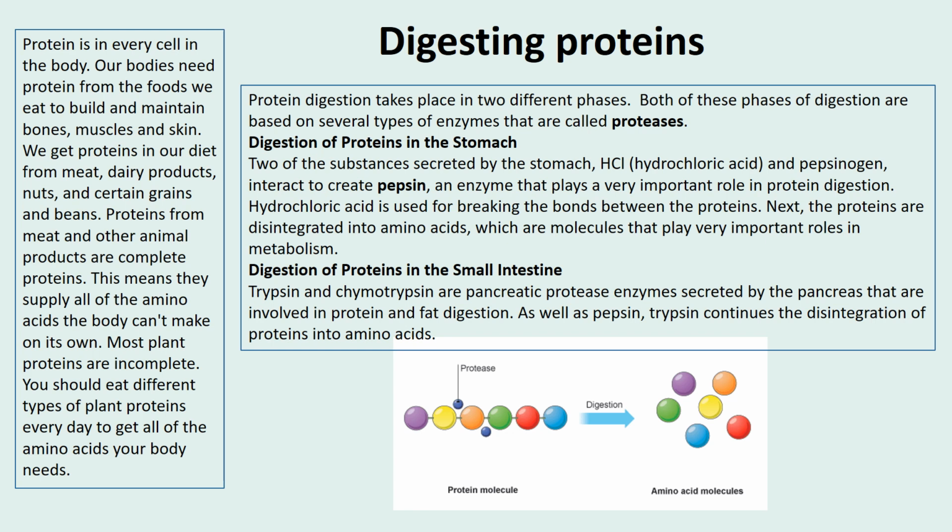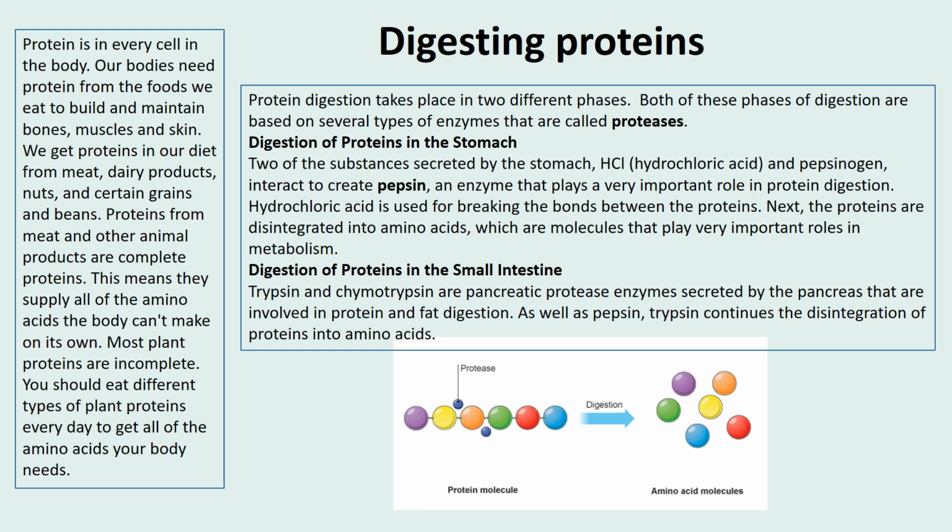Now, proteases aren't just made in the stomach. They're also introduced in the small intestine as well, and they won't work at such low pHs. Now, proteases will all break down proteins into amino acids.